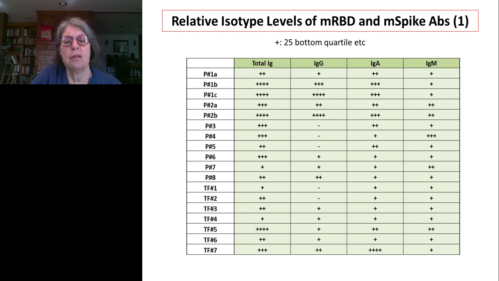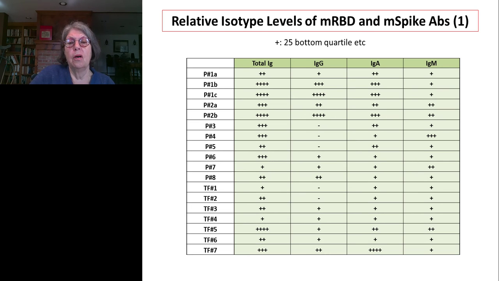If you look down on the bottom row at patient number 7, TF number 7, you can see that the majority of the response in this patient is IgA, and there's very little IgM, and there's a medium amount of IgG.